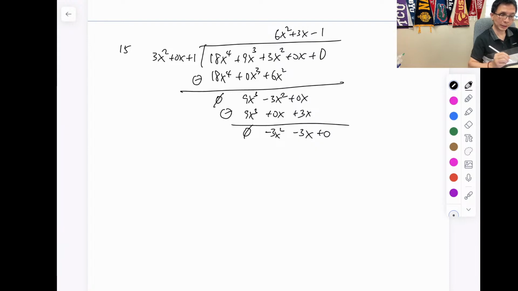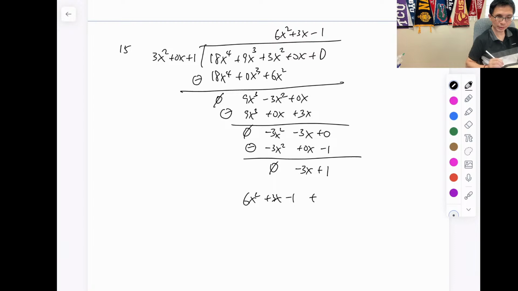I'm going to do negative 1 here. Negative 3x squared. Plus 0x. Minus 1. So it'll be minus. This is 0. This is going to be negative 3x. Plus 1. 6x squared plus 3x minus 1 plus negative 3x plus 1 over 3x squared plus 1.